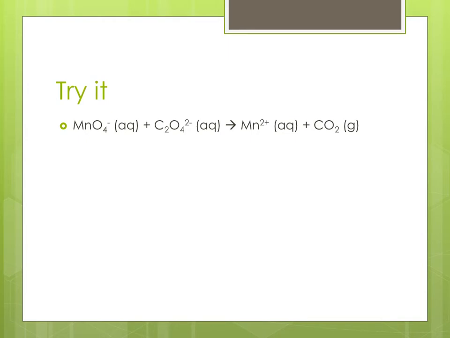Is that a molecular equation? No, it is not. It's an ionic equation. Very good. It looks like a net ionic equation at this point, yes? Very good. So the first thing we have to do is figure out our half reactions.